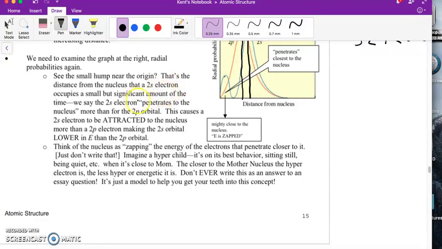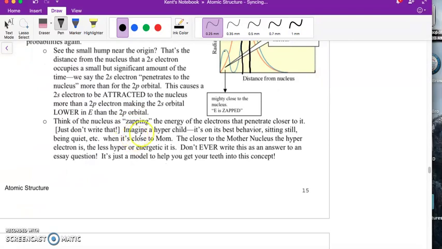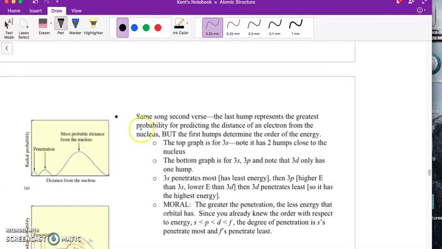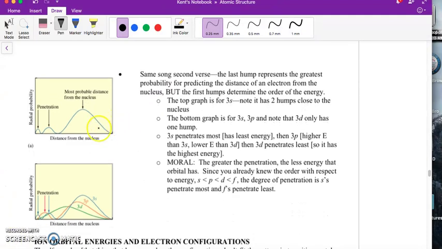Okay, we say the 2s electron penetrates to the nucleus more than the 2p orbital. This causes the 2s electron to be attracted to the nucleus more than the 2p, making the 2s lower in energy than the 2p orbital. Okay, then they do some analogy for moms and children being close to them. I'll spare you that. Over here, this is the 3s graph.